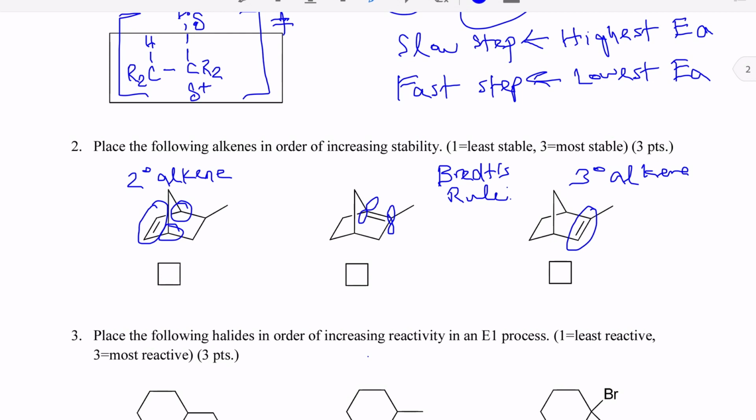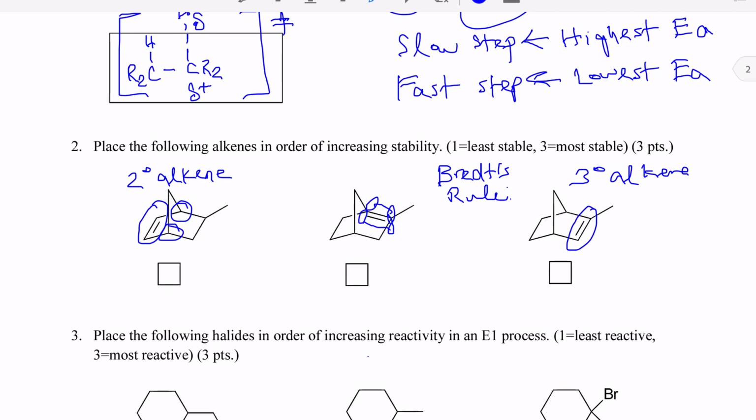Whenever the orbitals are not exactly aligned with each other, it causes a lot of steric strain. This can have a high energy cost, and it can make the overall structure really unstable.